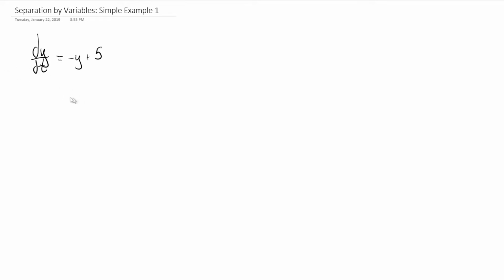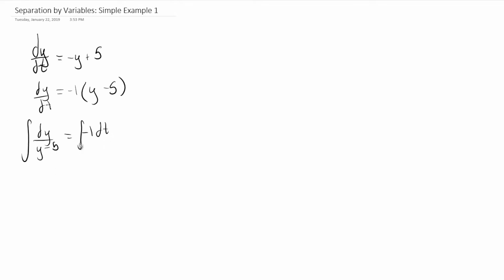We're going to do pretty much what we did in the previous example. I'm going to take a negative 1 out just so I'm working with a positive y, to make it a little bit easier for myself. And now we're going to move some stuff around. So dy over (y minus 5) is equal to -1 dt, and we're going to integrate both sides. So we get ln|y minus 5| is equal to -t plus c.